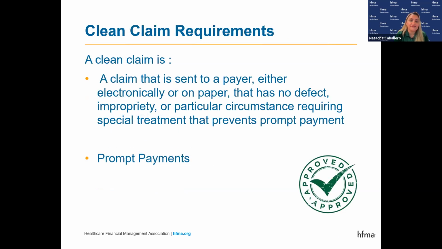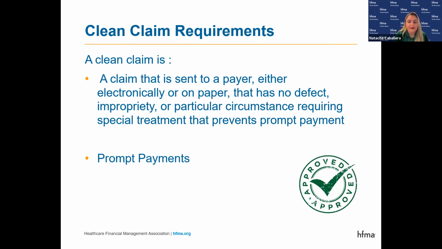A clean claim is defined as a claim that is sent to a payer, either electronically or on paper, that has no defect, impropriety, or particular circumstance requiring special treatment that prevents prompt payment. Providers should attempt to achieve the highest clean claim rate, best practice being 95 to 99% of all claims requiring no staff touches, by putting robust edits in both their HIS system and their clearinghouse.